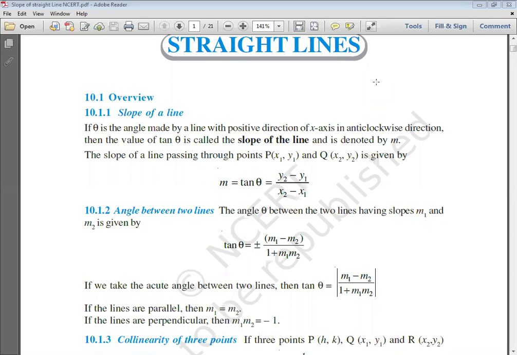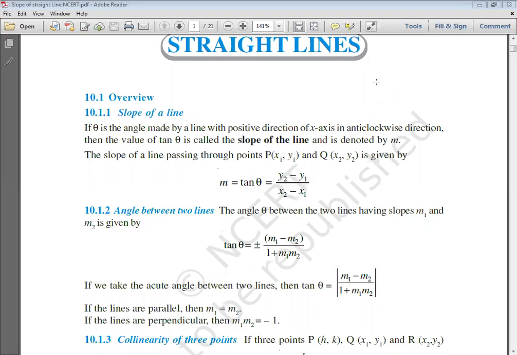If theta is the inclination of a line with the positive direction of the x-axis, then the slope of the line is tan theta, and it is symbolically denoted by small m. It is a universally accepted symbol in two-dimensional coordinate geometry. It is always denoted as m, and m is the slope of a line.